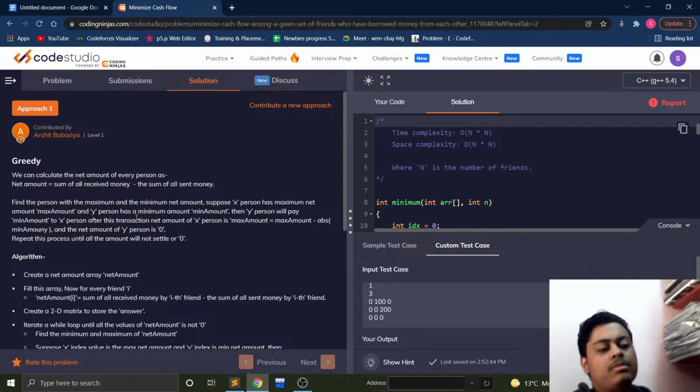Suppose X person has maximum net amount, max amount, and Y person has minimum amount, min amount. Then Y person will pay min amount to X person after transaction.